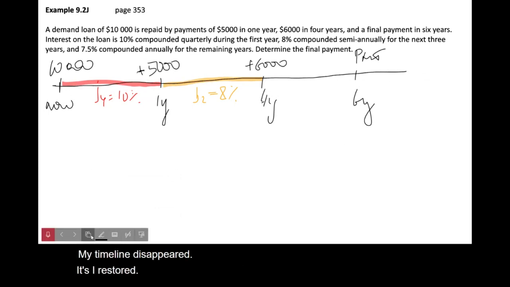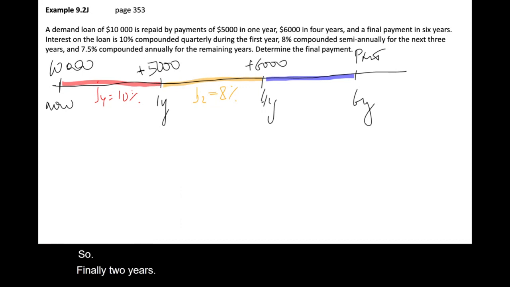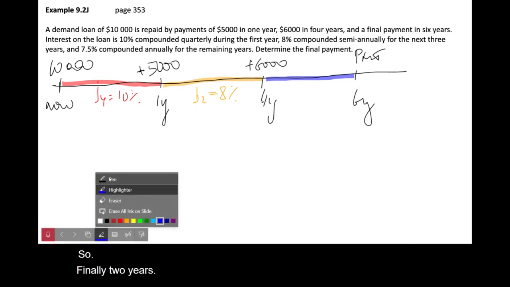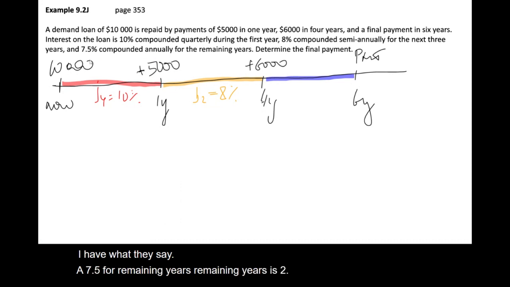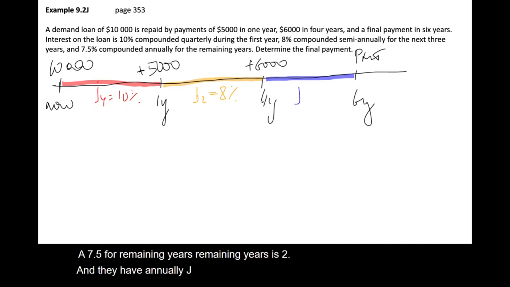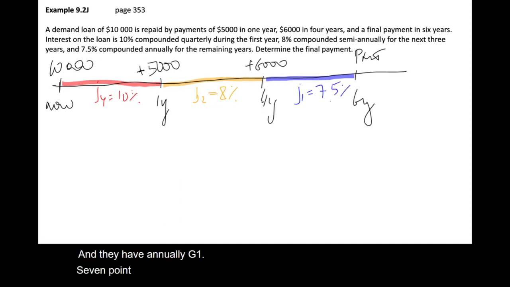I restore it. So finally 2 years, 7.5 for remaining years. Remaining years is 2, and I have annually J1 7.5%.